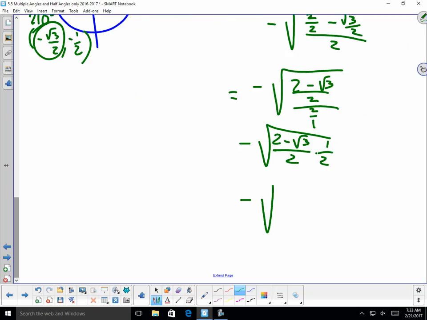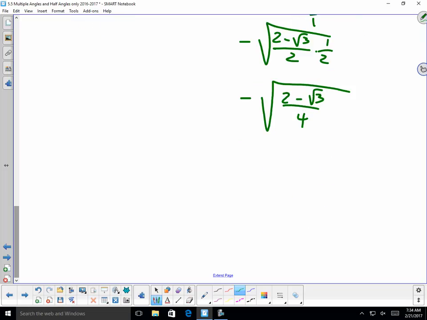So we get negative square root of 2 minus square root of 3 over 4, but square root of 4 is just 2. So I get negative square root of 2 minus square root of 3 all over 2 as our answer. And we already discussed why it would be negative.